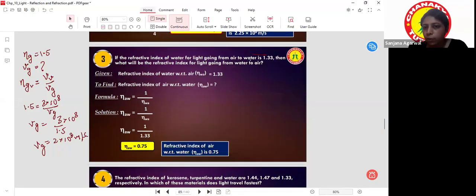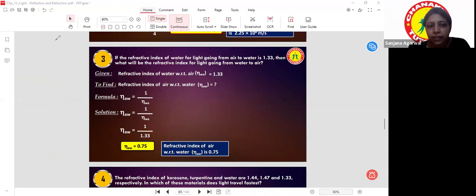If the refractive index of water for light going from air to water is this much, again the absolute refractive index of water is given to you, then what will be the refractive index for light going from water to air? Very simple. It seems a bit difficult, a bit tricky, but it is not. The refractive index of water going from air is 1.33. This is the refractive index of water with respect to air, or you can say the absolute one.